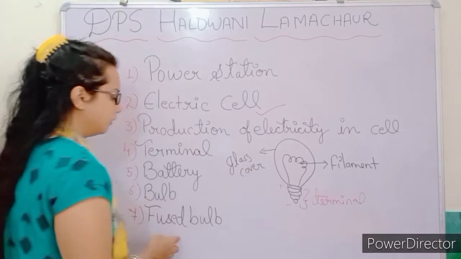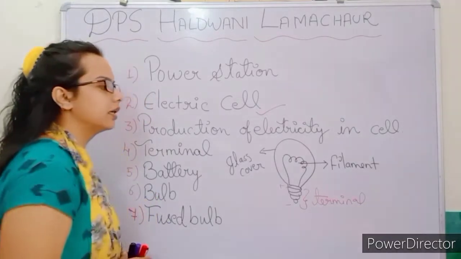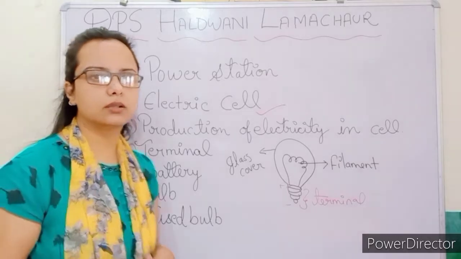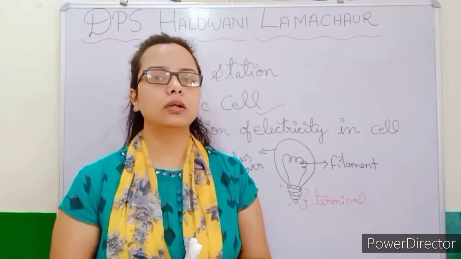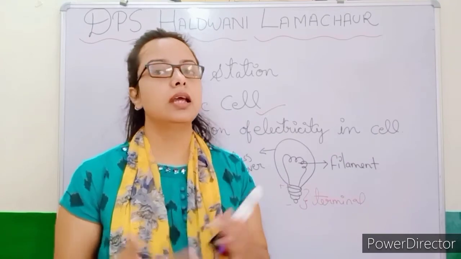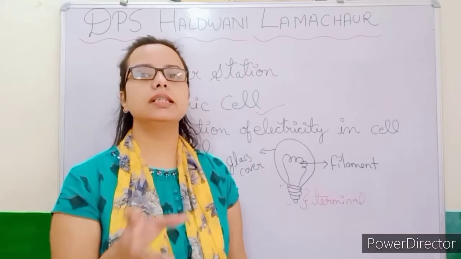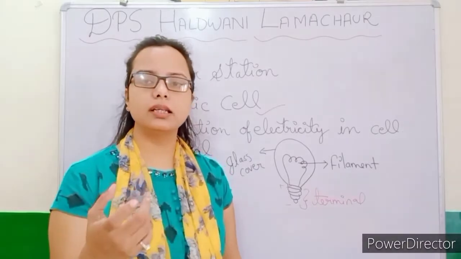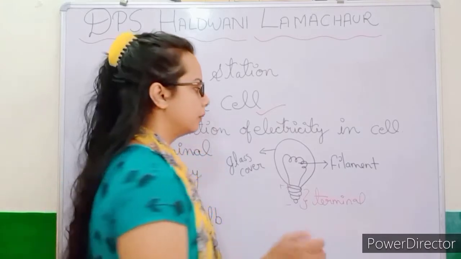Next one is the fused bulb. When we say the bulb is fused, it will not glow when we switch it on. Why? Because it has fused, and then we change the bulb. So what happens?